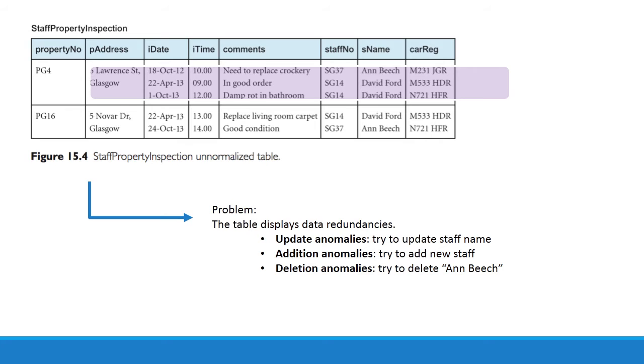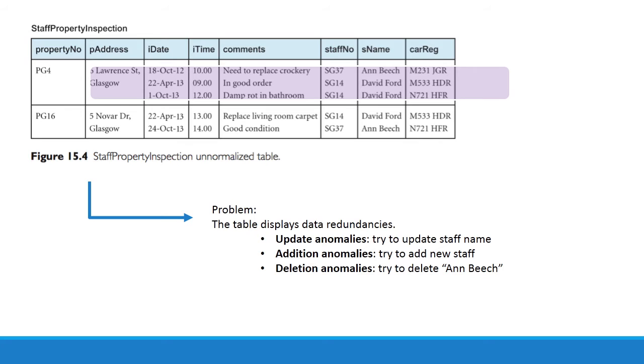For example, if we try to update David Ford into David Ford Campbell, we need to do it 3 times. The other problem is insertion anomalies. If we try to add a new staff member who hasn't been assigned to inspect any properties, there will be a problem.